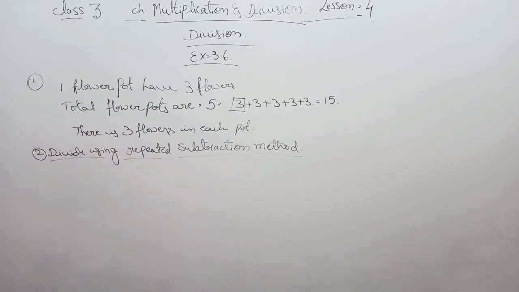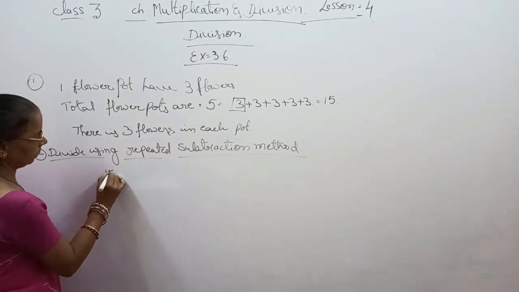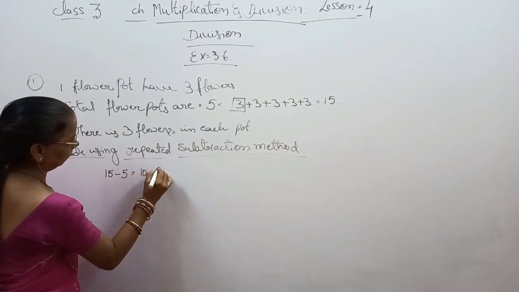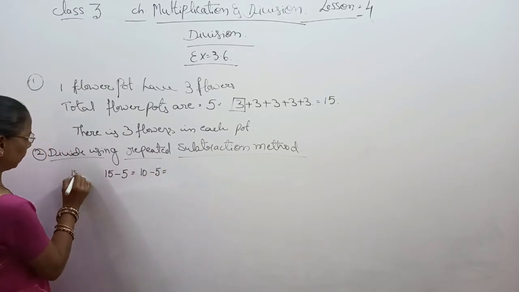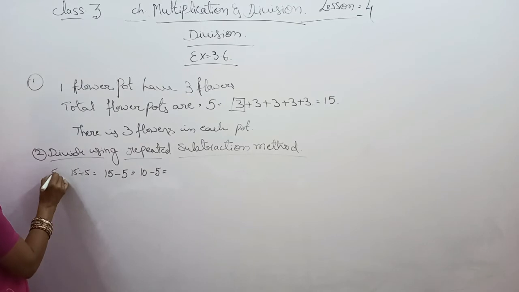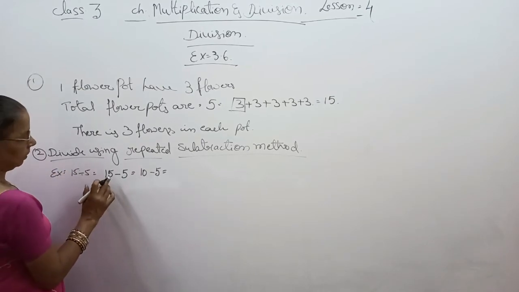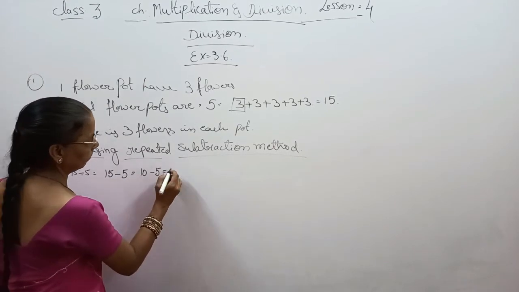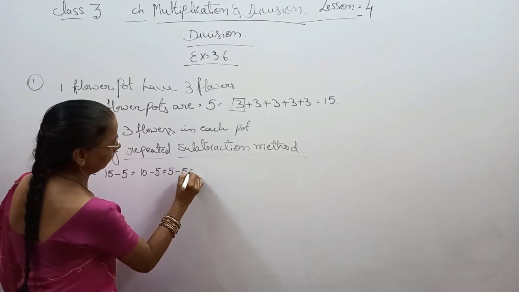It is a method in which we subtract the number repeatedly. For example, if we take 15 divided by 5, then 15 minus 5 is 10, then 10 minus 5 we get 5, then again minus 5 we get 0.